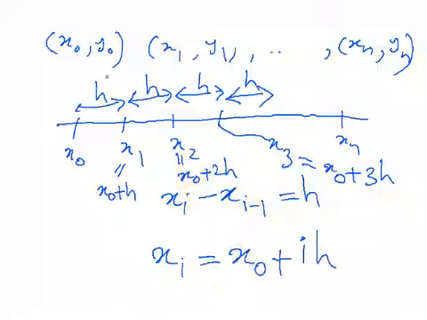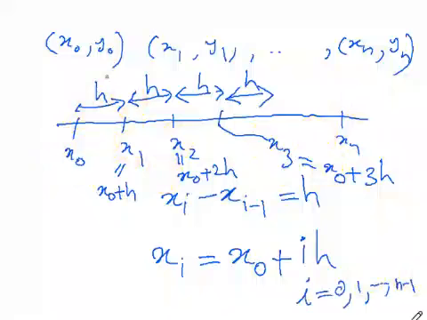So here i runs from 0 to n minus 1. How many gaps do we have? How many points do we have? We have n plus 1 points, then we have n gaps.